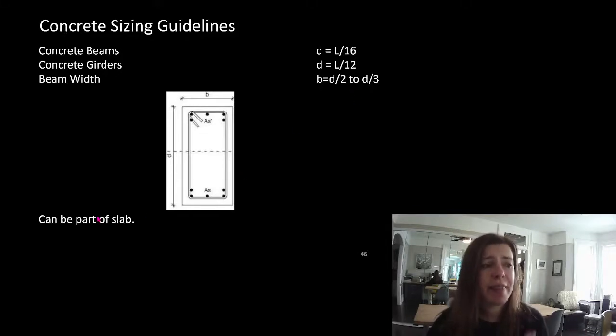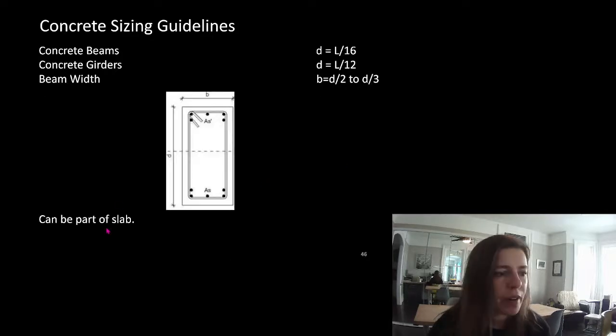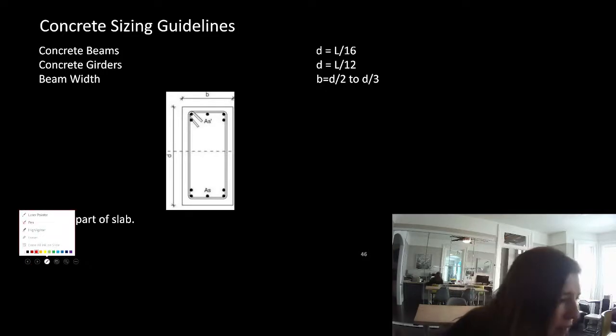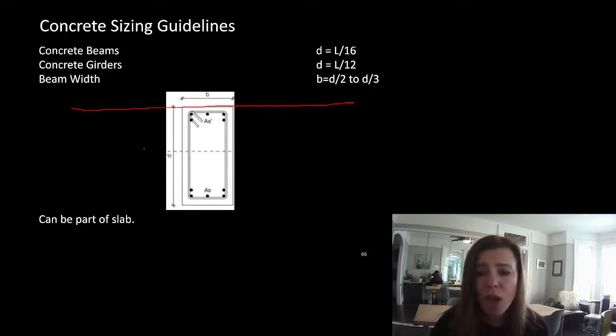Here's the fun thing about a concrete beam. The top part of it can be part of a slab. I'm going to draw it here for you. So, if this is our beam, that can be the top of our slab.